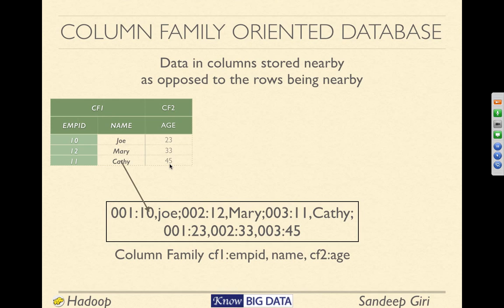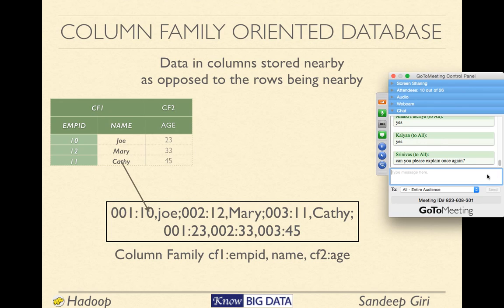So this way, if you have one column per family, then the database behaves like a column oriented database. If you have only one column family, then the table behaves like a row oriented database. Are you with me? So a column family is a group of columns.